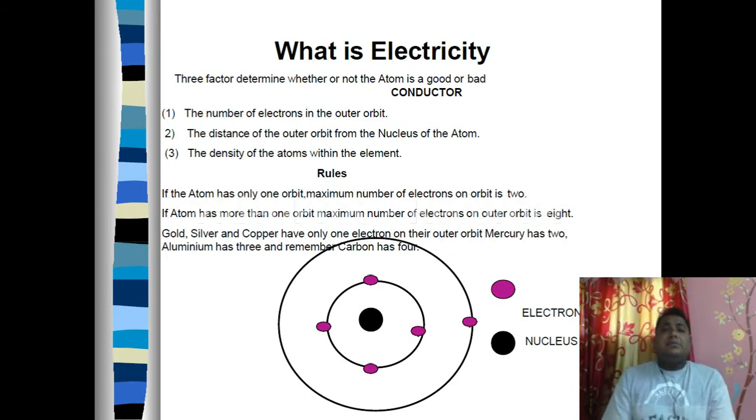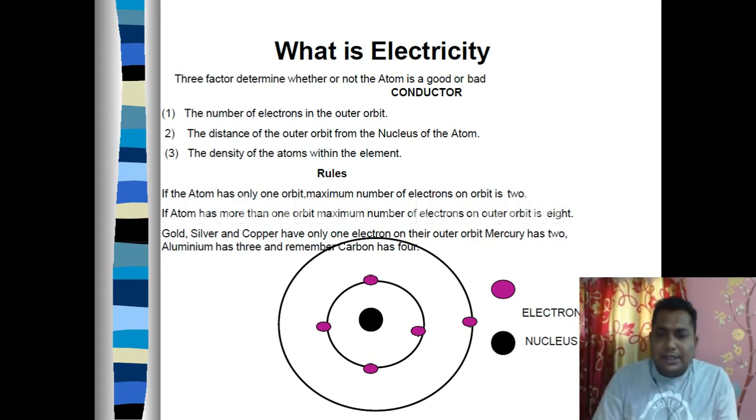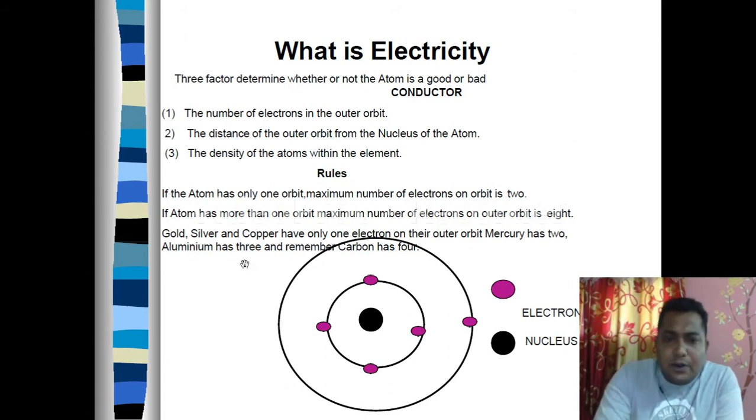The distance of the outer orbit from the nucleus of the atom. See in the below picture, just follow my pointer. This black one is the nucleus, and this one is the orbital, this one is the orbital also.